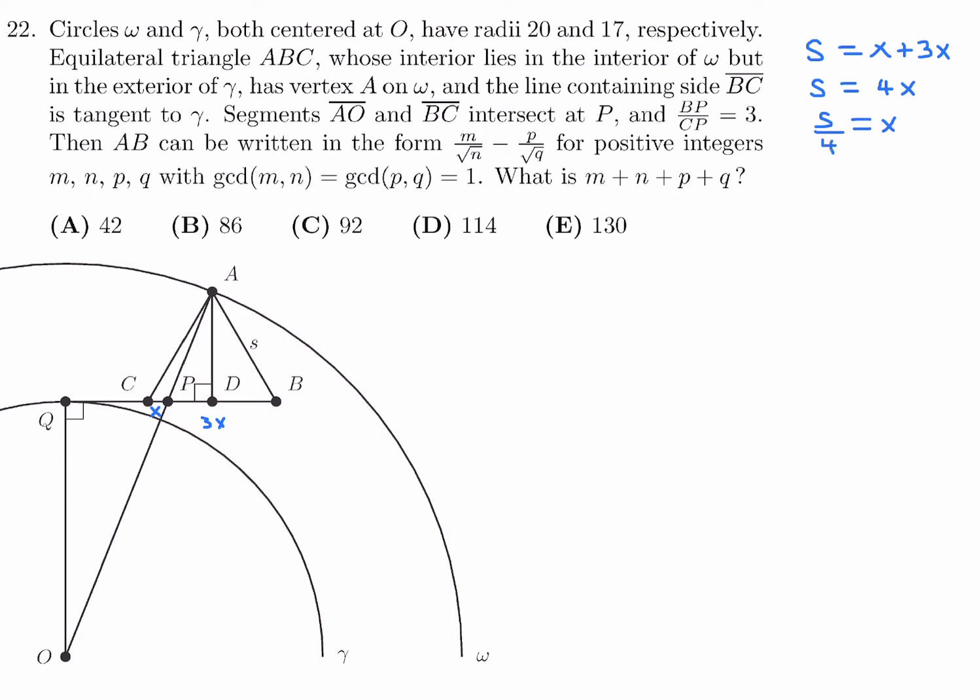Then I will get an expression for this height, and I can do that pretty easily using 30, 60, 90 triangles, because it's equilateral, so that's 60 and that's 30.